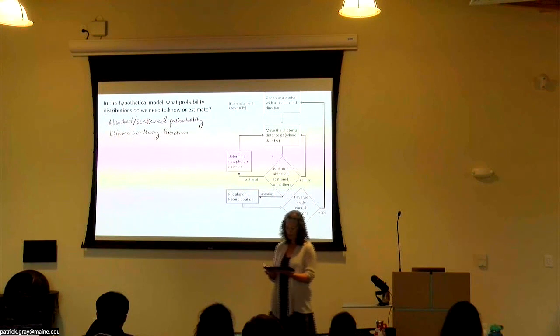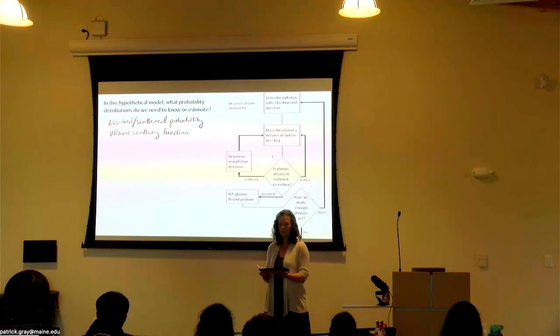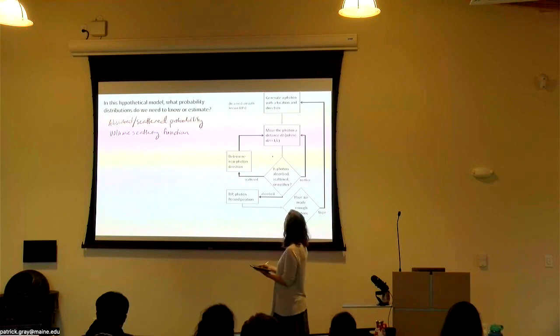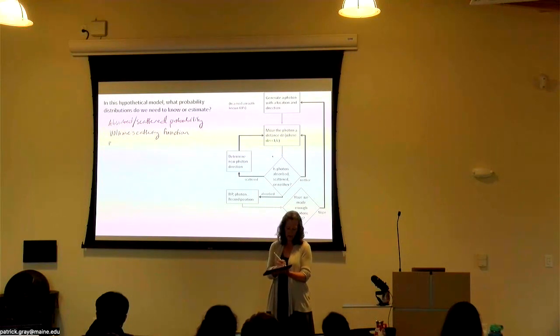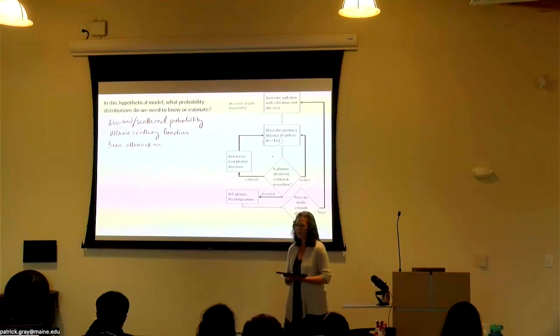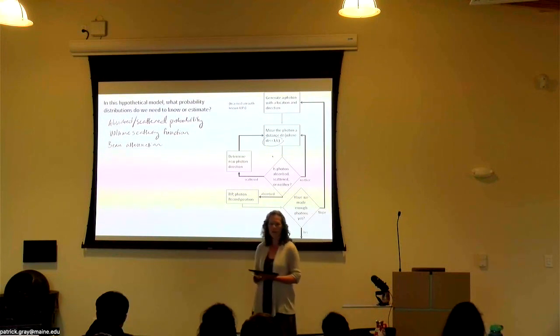Okay. What else? Transmission. Okay, so say beam attenuation. Right, that's going to help us decide how far dz has to be. What about the properties of the photon that comes in?